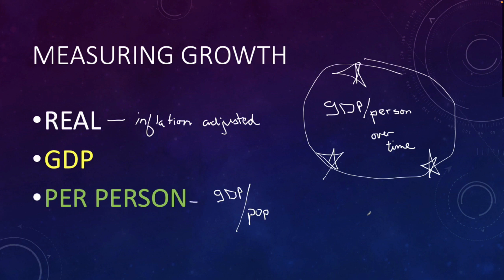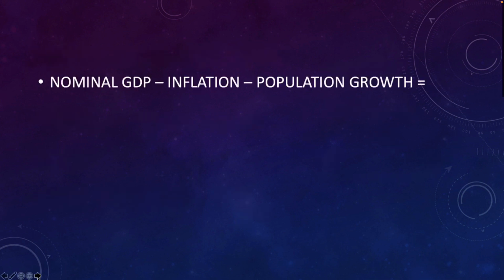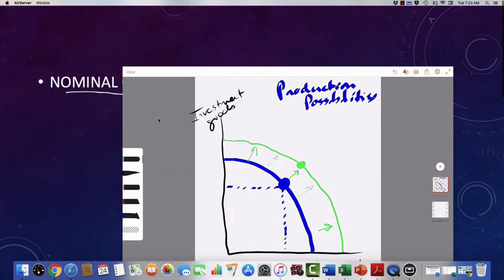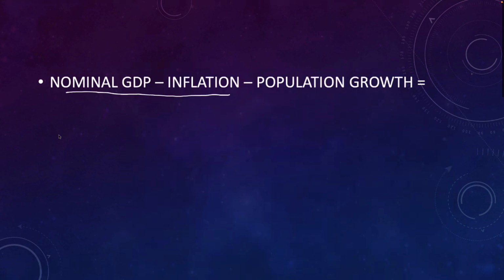Now, there are a lot of calculations that we can go through to try to figure this out. But the simplest way of evaluating this is through a fairly basic equation. In fact, we've used this first part of the equation already in our class: nominal GDP minus the inflation rate. So we use this to calculate the real GDP.